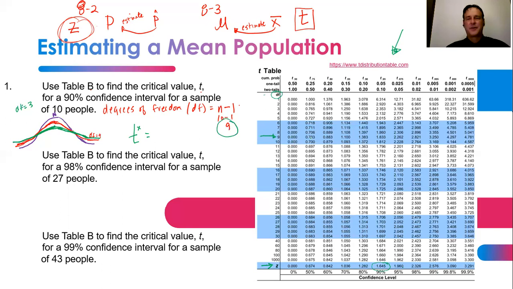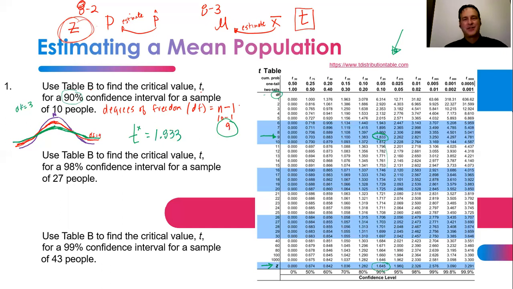And I'm going to scroll across until I match it up with a confidence level that matches question number 1. In this case, the first part of question number 1 says 90%, so that is right here. I'm going to go up until I get to that 9, and I wouldn't circle it on my chart like the one that's printed in front of me, but I can on this computer screen because I know it'll erase. That'll give me 1.833. And so that is my critical value.